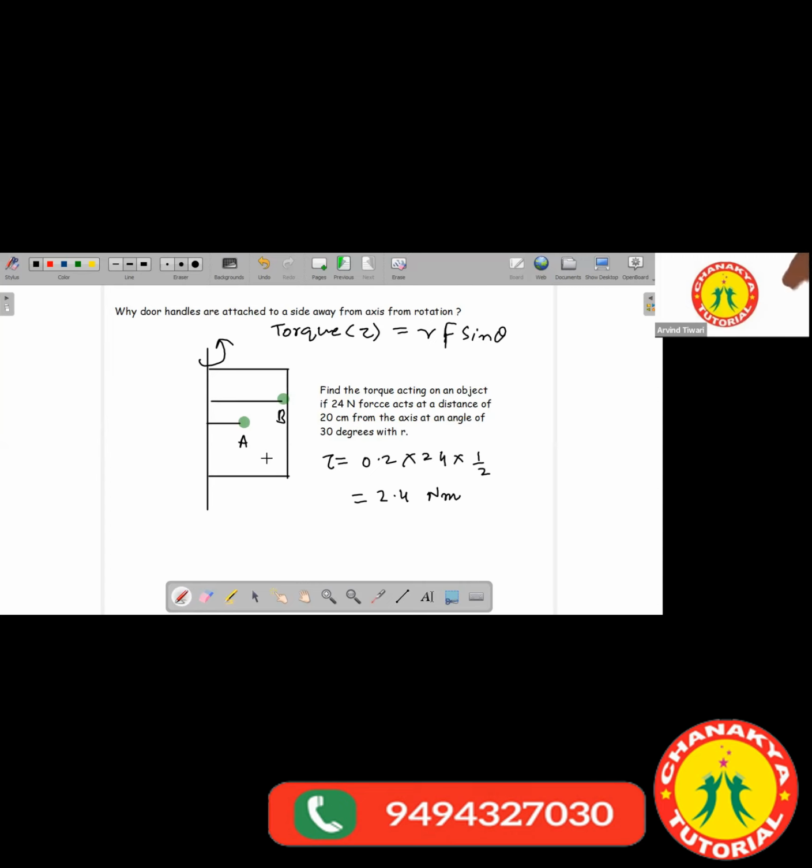Just a simple application of the formula: torque equals r F sine theta, r is 0.2, F is 24, and sine 30 degrees is 1 by 2. So we get 2.4 Newton meter.